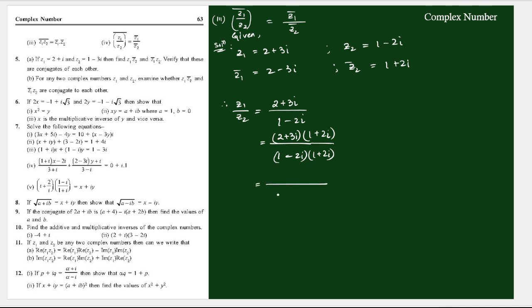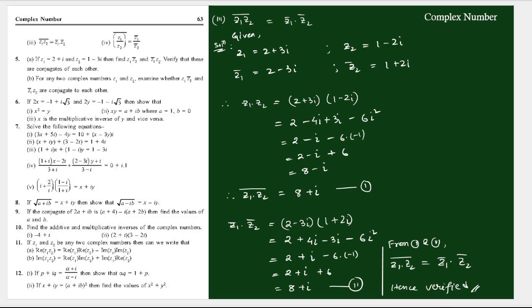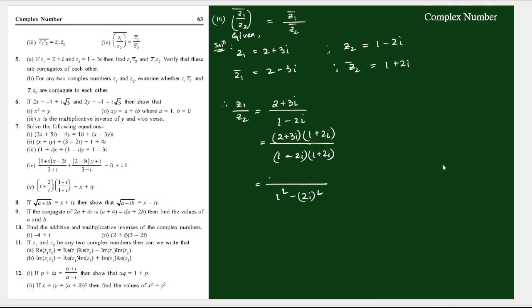So 1 into 1 is, this is 1 square minus 2i whole square. 2 into 1 is how much? We have already defined this one, I think. 2 plus 3i into 1 plus 2i. Oh no, we didn't find out. Okay, we need to multiply. So 2 into 1 is how much? 2.